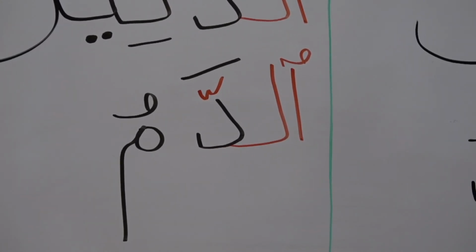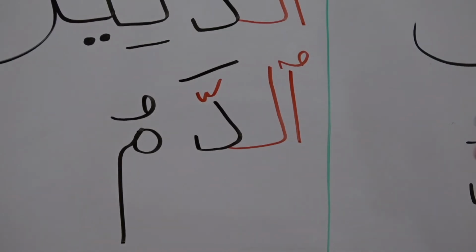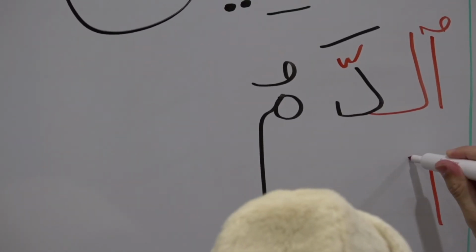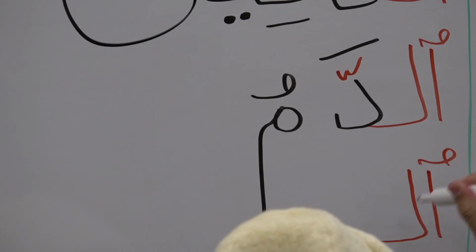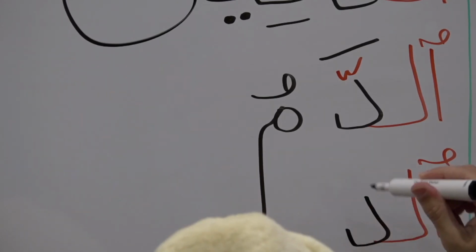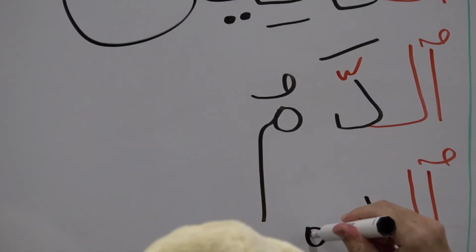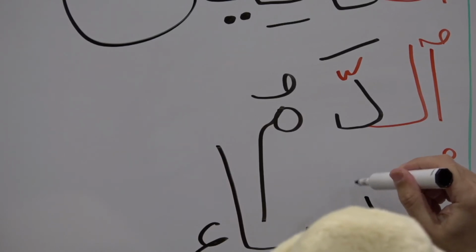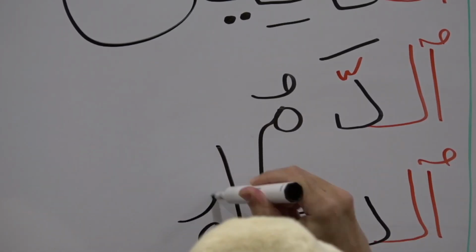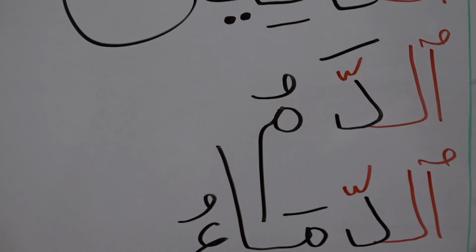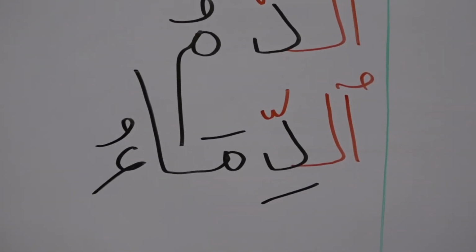What's the plural of ad-dam? The plural is ad-dima'. Okay.